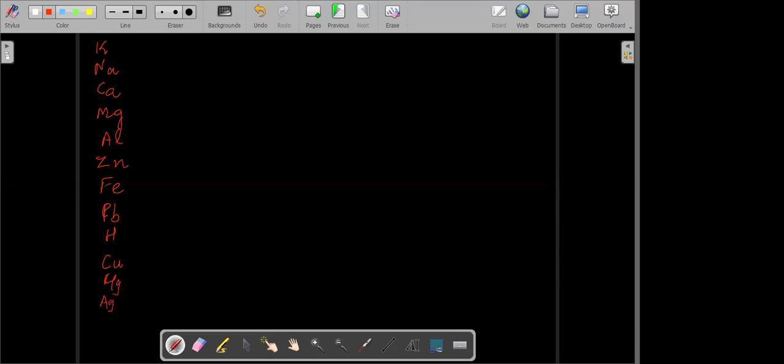So silver and gold are the metals which are very less reactive. They are the metals of least reactivity.